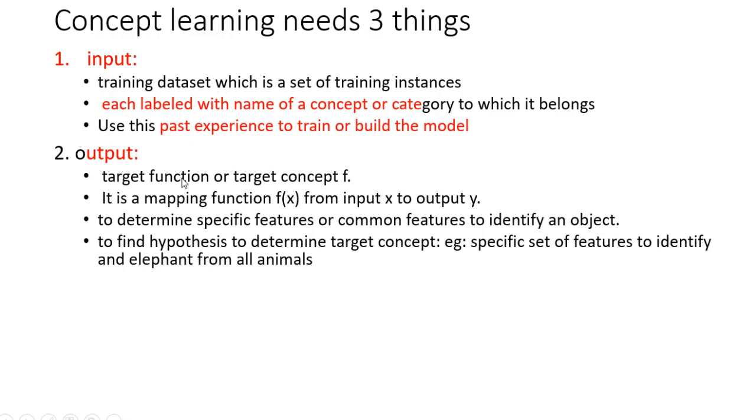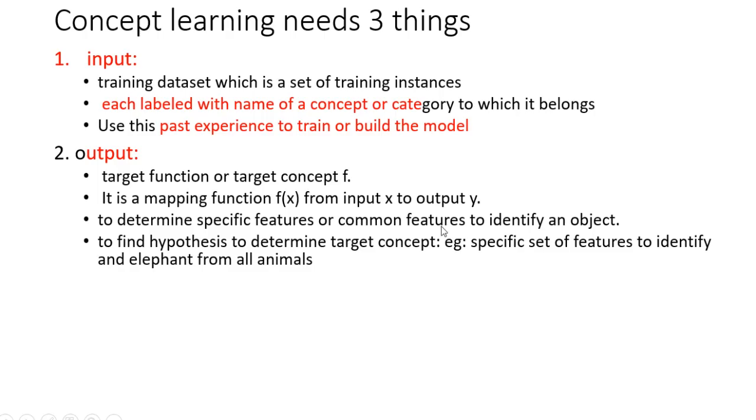The second one is the output. So you are going to define a target function or a target concept. Let's say the function is f. So f is a mapping function. Basically it is going to map the input x to output y. So this function is going to determine what are the specific or common features that are needed to identify an object. So target function or target concept f is going to determine the common features.